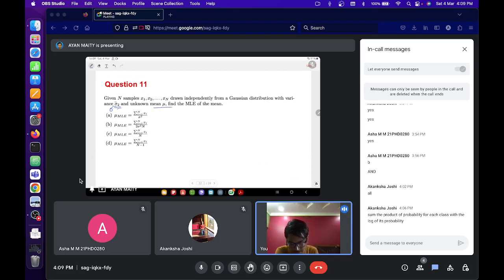We consider the variance to be known, but the mean mu is unknown. So find the MLE, the maximum likelihood estimation, of the mean. Which of these values would be the correct MLE for the mean mu?